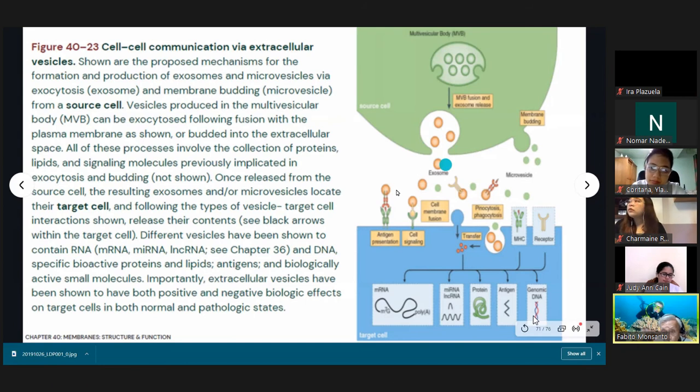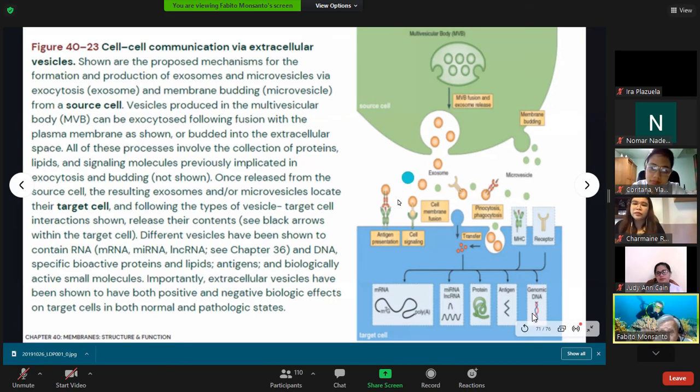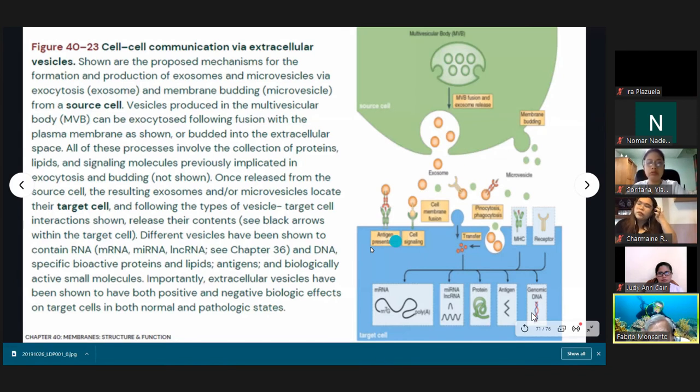So supposing this one here attaches itself, and this is an antigen. So these are different materials, no? Receptors will bind, and there is a corresponding reaction of the cell once they bind to the receptor.